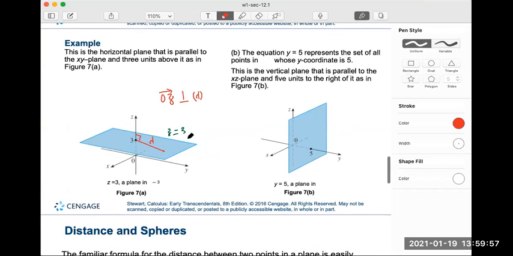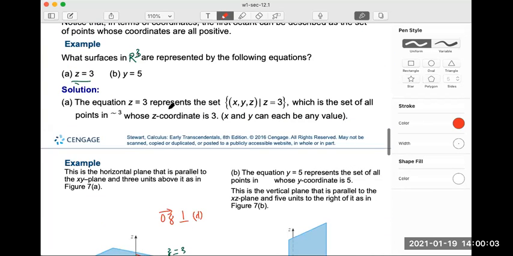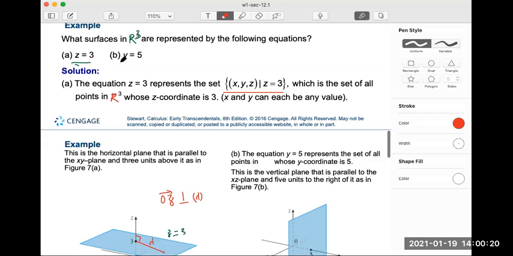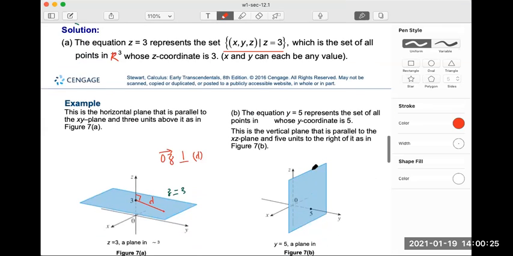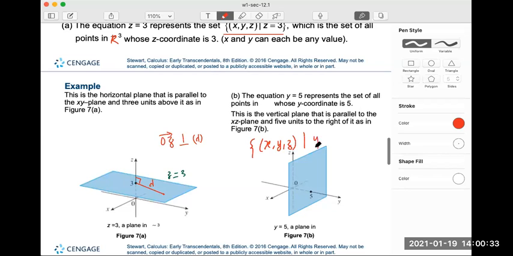Okay, similar story. So here, the equation z equal to 3 represents the set of all the points in the coordinate system whose z coordinate is equal to 3. And similar story, the surface y equal to 5 here is the collection of the points in the coordinate x, y, z where y is equal to 5, right?